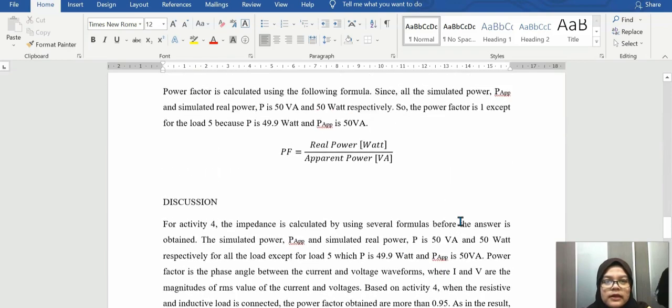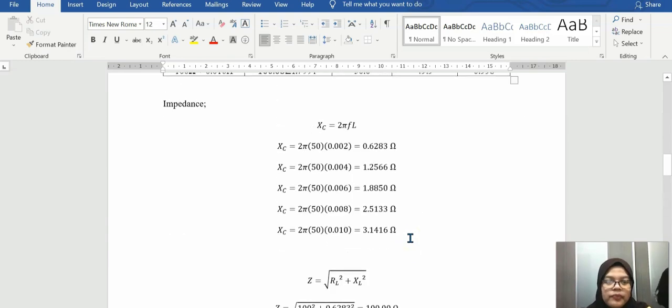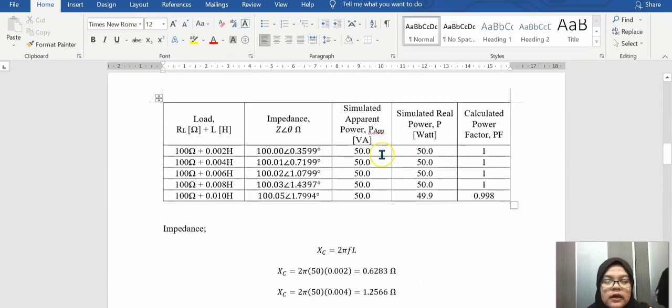Power factor is calculated using this formula, real power divided by apparent power. As we can see here, apparent power is 50 and real power is 50. So when we divide it, we get a power factor of 1.